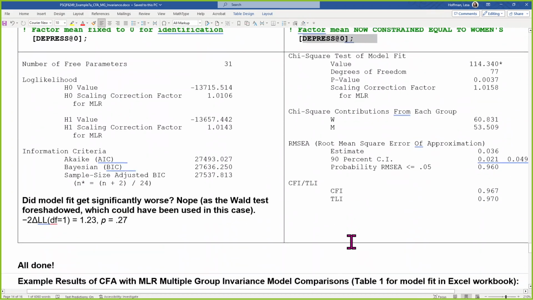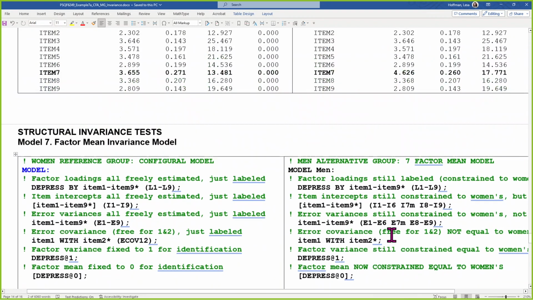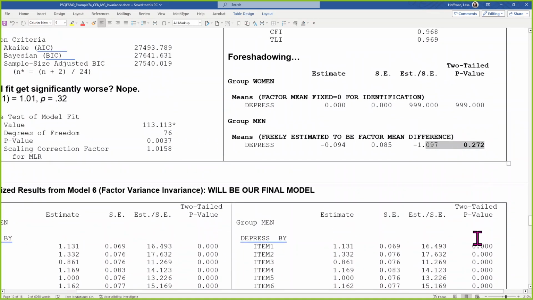And survey says, nope, not worse. So the p-value for the likelihood ratio test, comparing a model in which the factor mean is estimated in the alternative group to a model in which it is fixed to 0, was 0.27. And lo and behold, the p-value for the Wald test, 0.27. So you should come to the same conclusion, if not the exact same p-value.